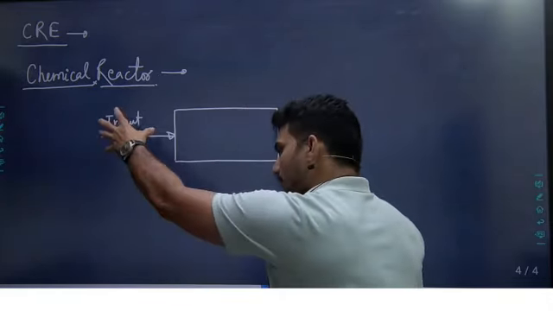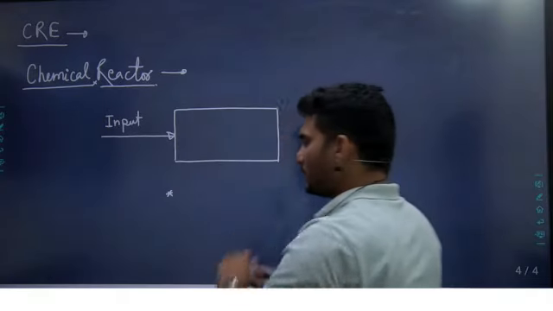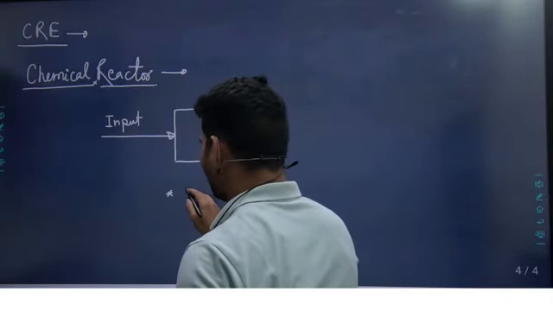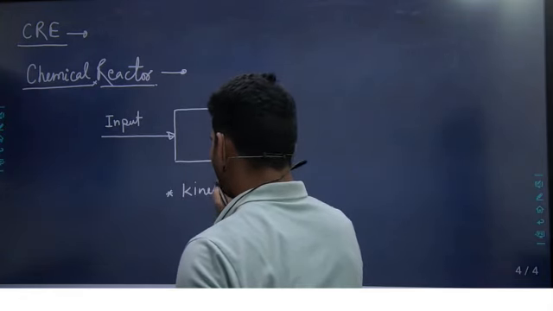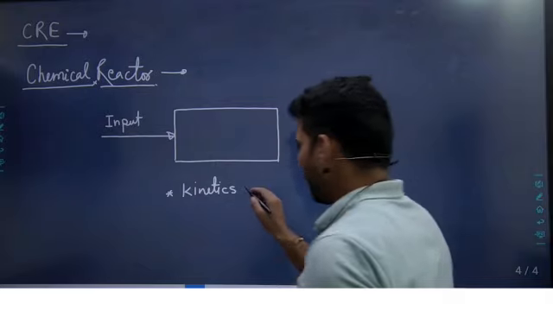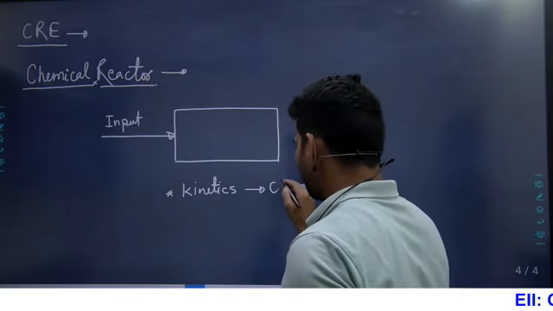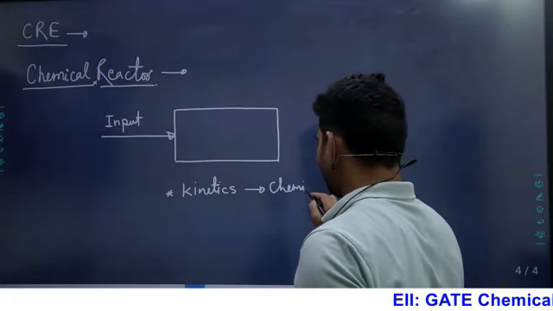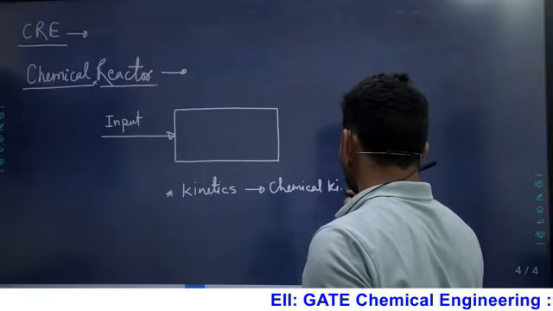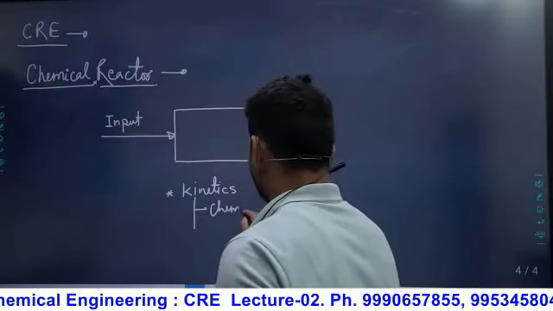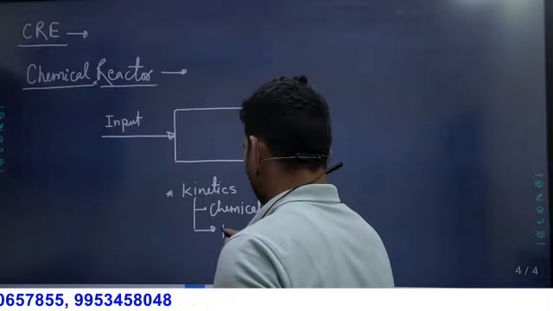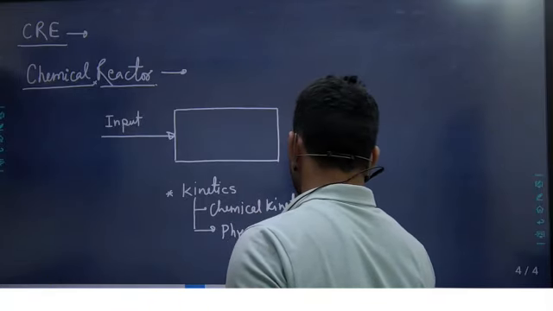So for that reactor, when it converts into the product, there is a need to understand the kinetics. Either it may be chemical kinetics, that is the rate of the reaction, or physical kinetics.